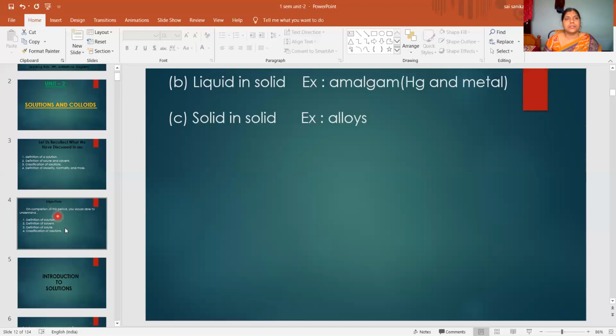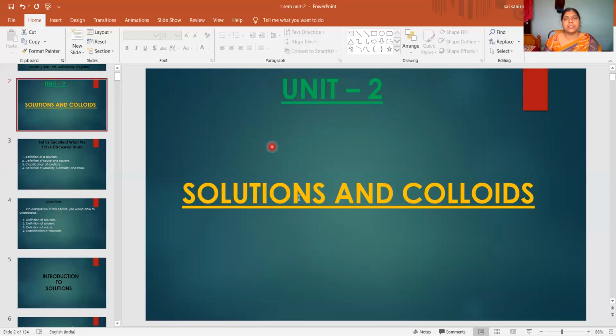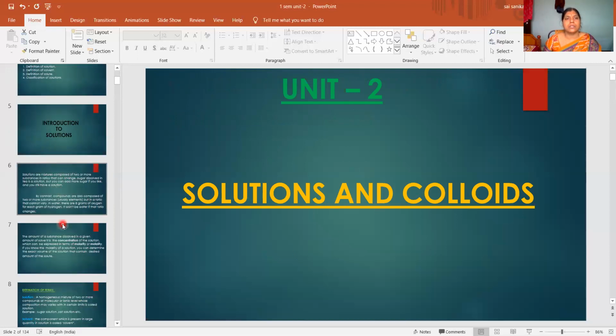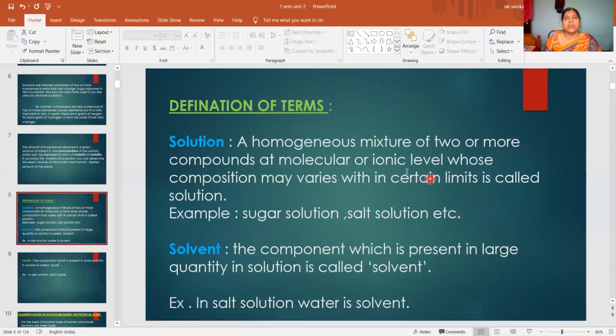So first, our unit is solutions and colloids. In that our subtopic is solution. So what is solution? It is a homogeneous mixture of two or more compounds at molecular or ionic level whose composition may vary within certain limits. Example, sugar solution and salt solution.